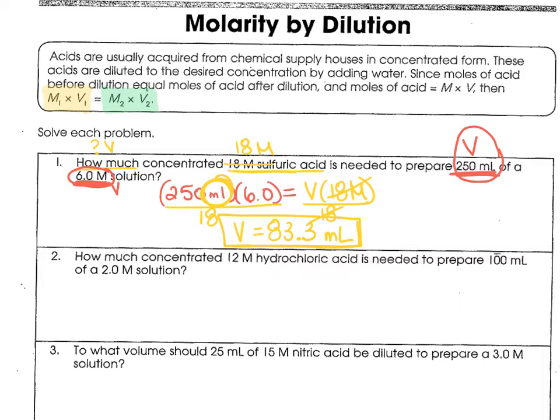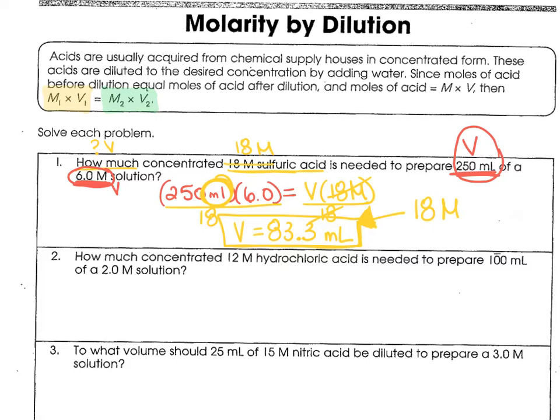I actually am going to need to, if I want to make this solution, I only want to go into my stockroom and get 83.3 milliliters of that really strong 18 molar solution.